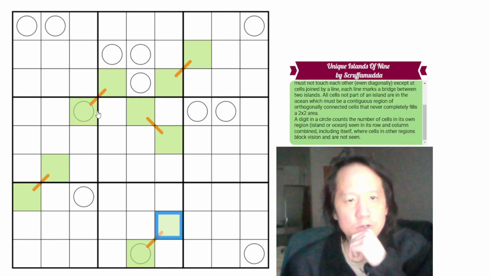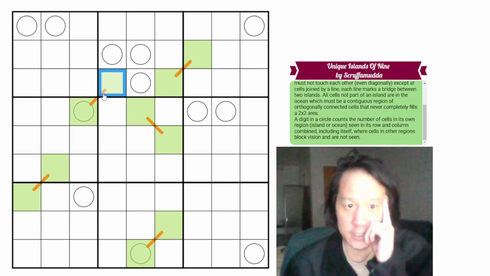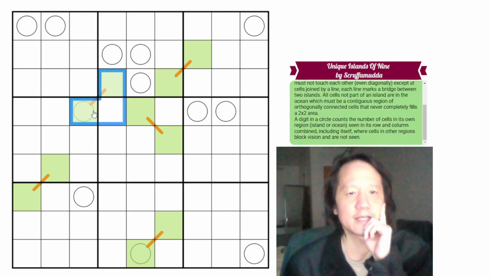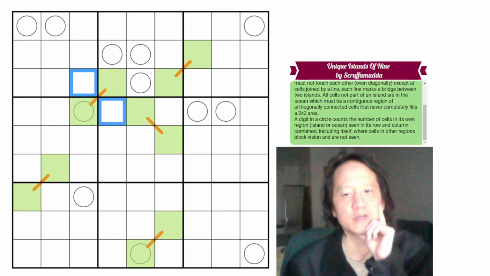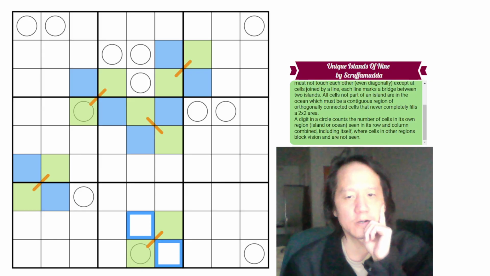But we know that every cell around them must be broken up because this is a bridge across islands, and the island cannot connect with itself. These must be non-island cells. These must be non-island cells, and these must be non-island cells. Similarly here, and similarly here.